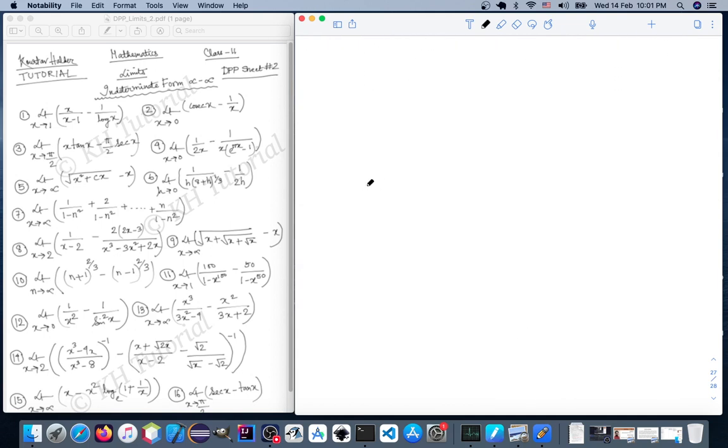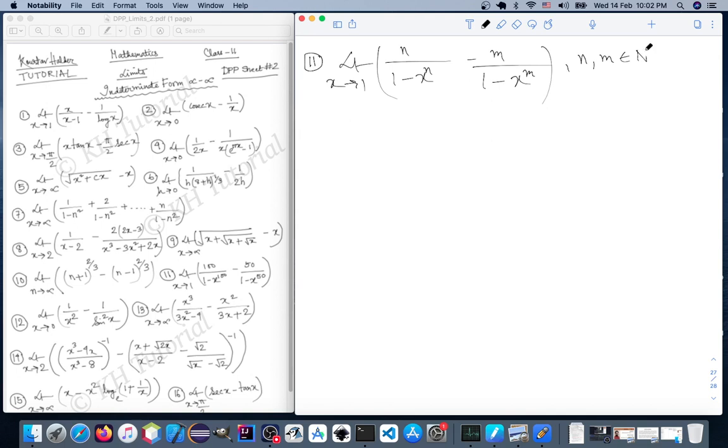Question 11. In the previous video, if you have seen it, I have solved a similar problem where the problem was limit x tends to 1, n by 1 minus x to the power n minus m by 1 minus x to the power m, where n and m are natural numbers.